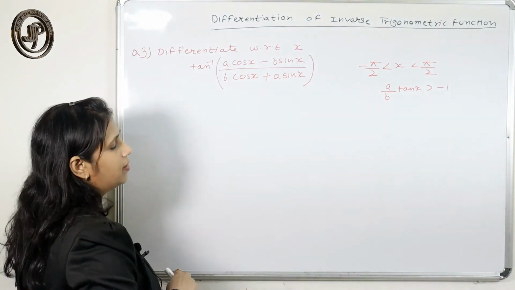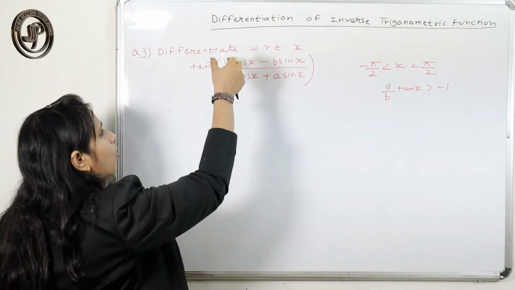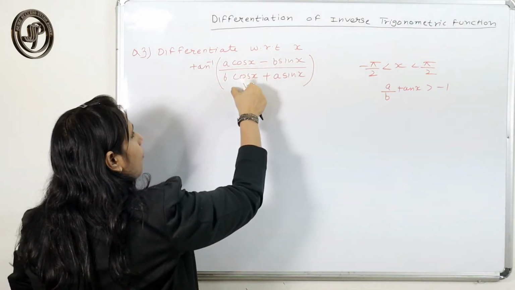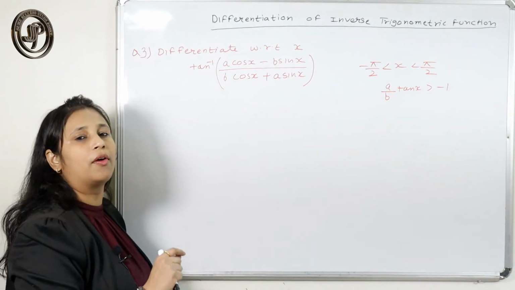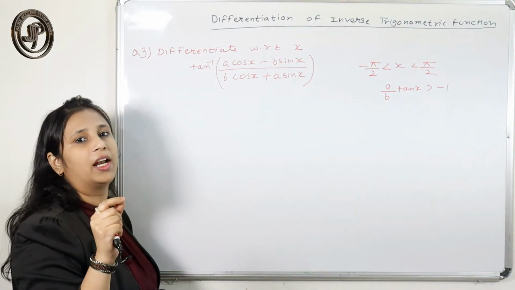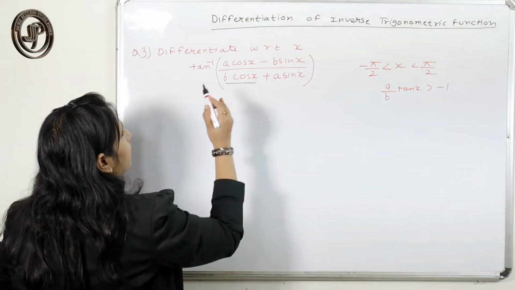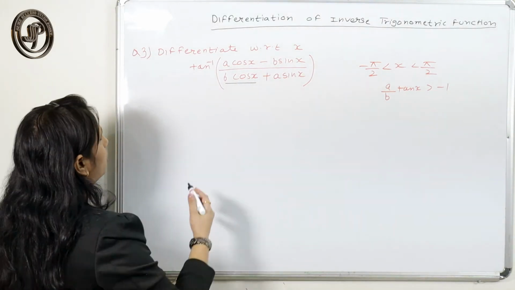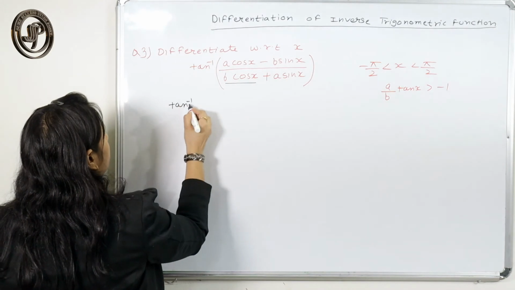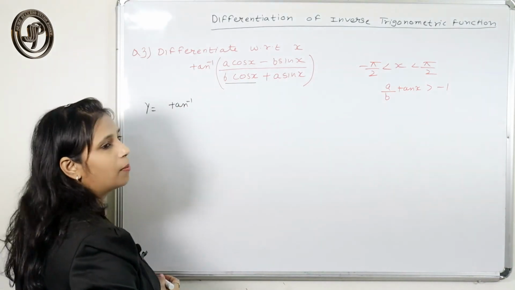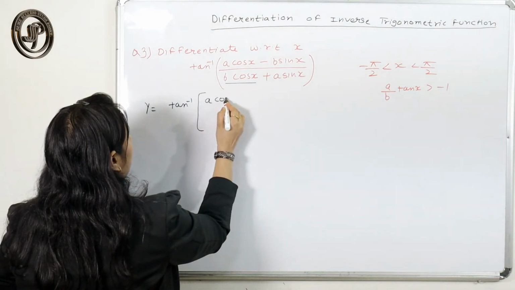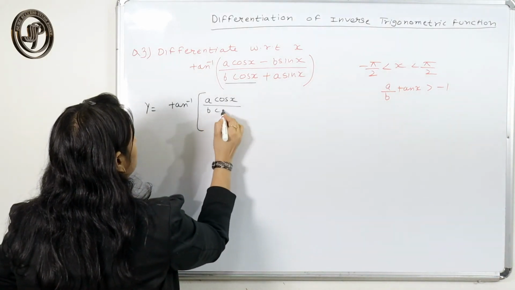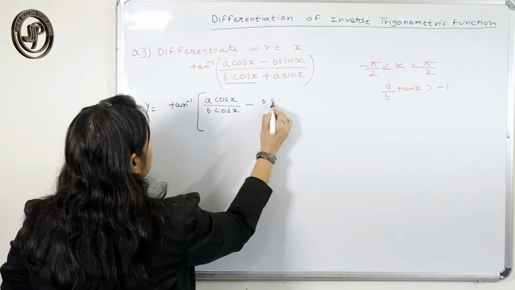Whenever you find the question is in the form of cos minus sin upon cos plus sin, like this way, you have to divide the numerator and denominator by this term. Now I am going to divide the numerator and denominator by b cos x.